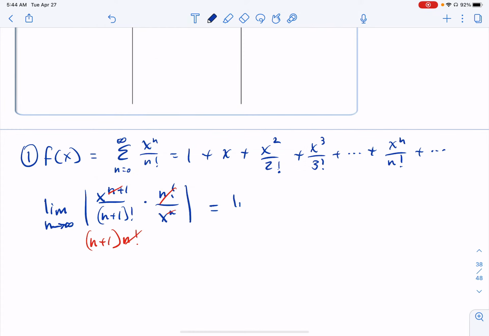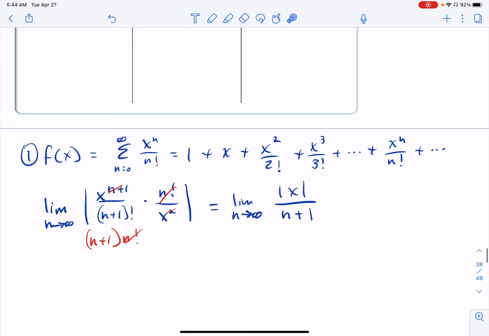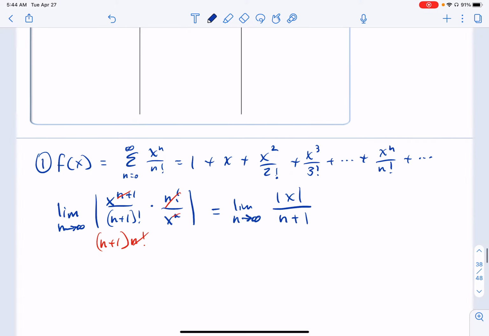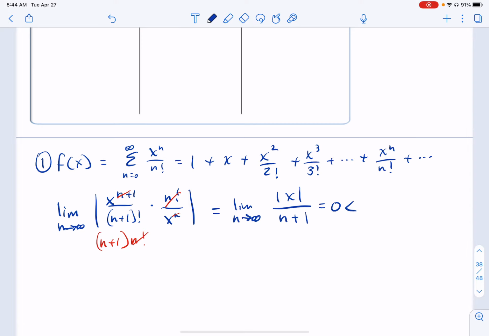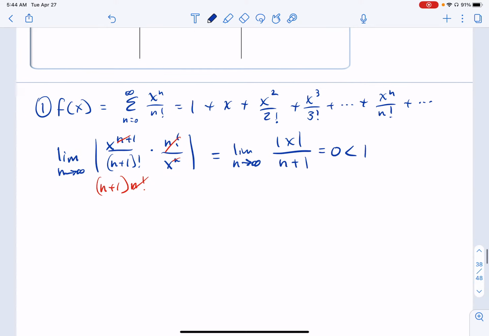So this is equal to the limit as n goes to infinity of the absolute value of x, which is the only thing left inside the absolute value brackets, because we can pull the n plus 1 out. It's positive. The variable for the limit is just the n, so the absolute value of x is not affected, and this bottom is going to infinity. Something divided by infinity is equal to 0 no matter what, which of course is less than 1 for all real numbers.